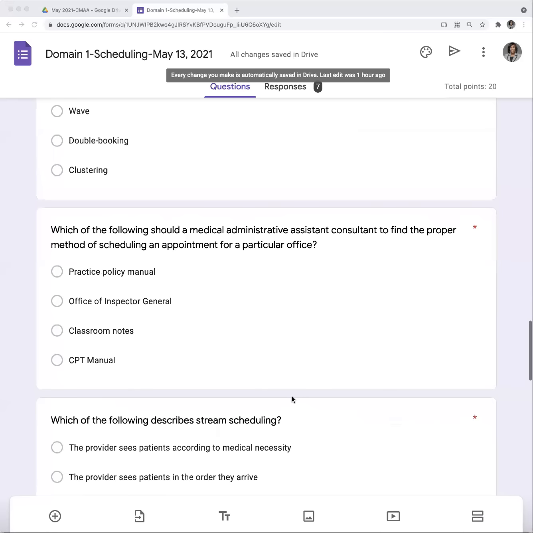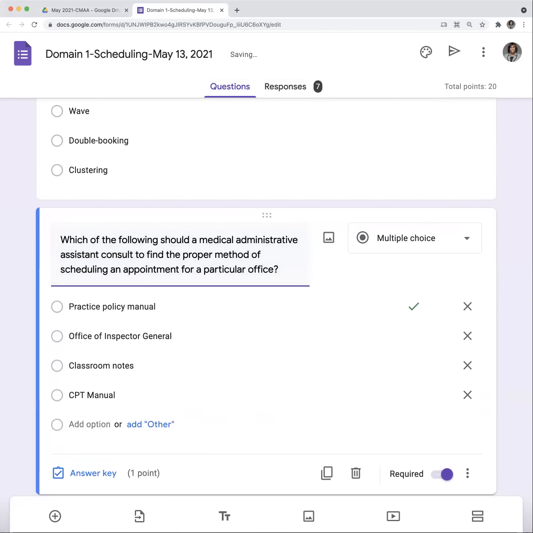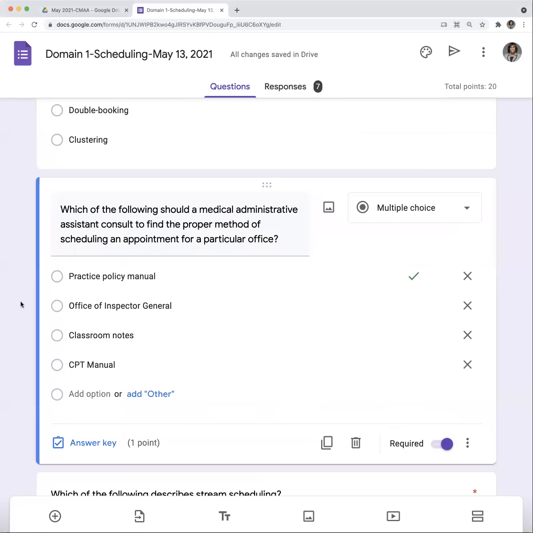Which of the following should the MAA consult to find the proper method of scheduling an appointment for a particular office? I'm gonna fix that right now. The practice policy manual. I'm about to say it was right there.